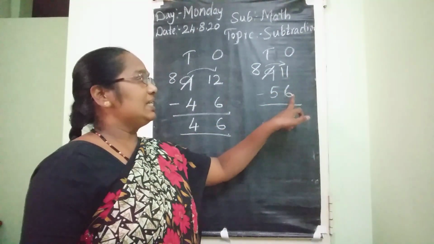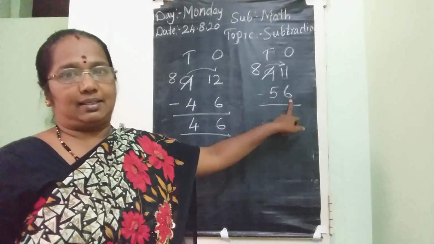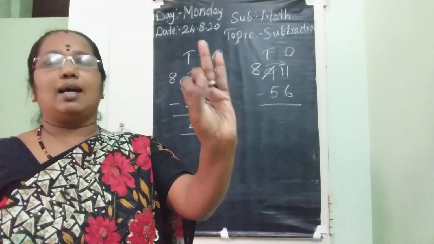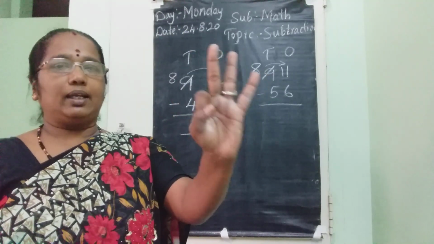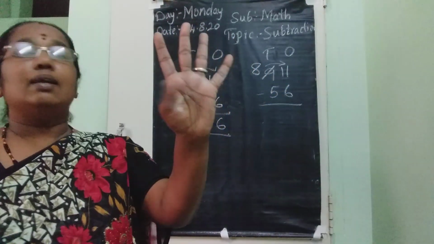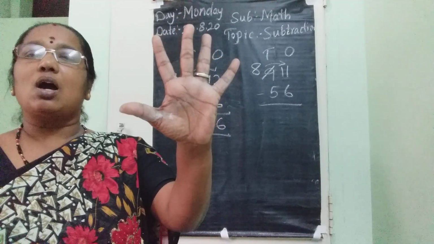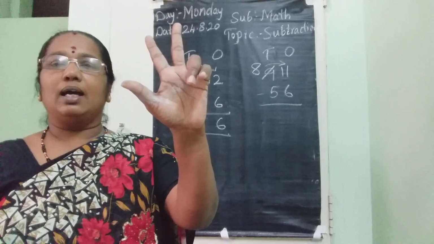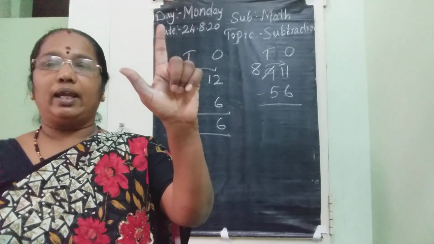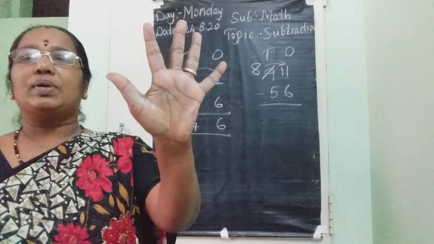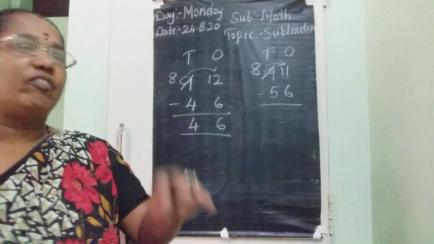From here, 11. Now 11 minus 6. Backward counting: 10, 9, 8, 7, 6. How much did I get? 5 fingers.